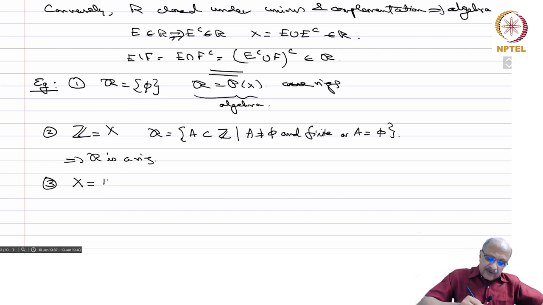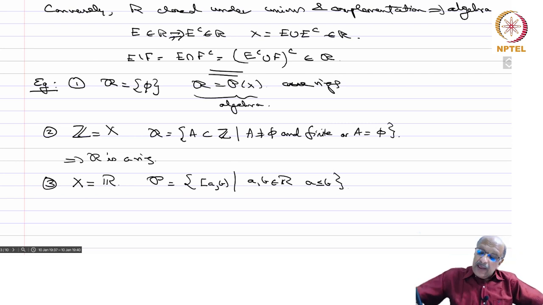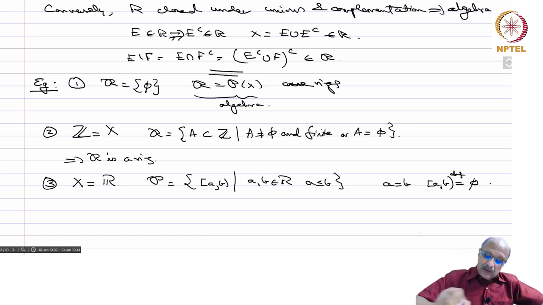Let us take X equal to R, that is our basic set, and then we will define P to be the set of all semi-closed intervals, left closed, right open intervals [A,B), such that A, B are in R and A is of course less than or equal to B. If A equals B, then the convention is that [A,B), closed at A and open at B, is by definition the empty set. That's why I have written A less than or equal to B.